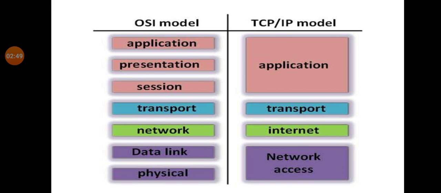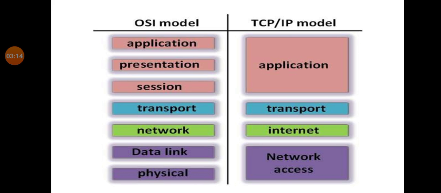Then the next layer is the transport layer. Now let's see the work of the transport layer. This layer allows peer entities of the source and destination machines to transfer information, meaning the actual transmission of information between peers, the source and destination, happens in the transport layer.